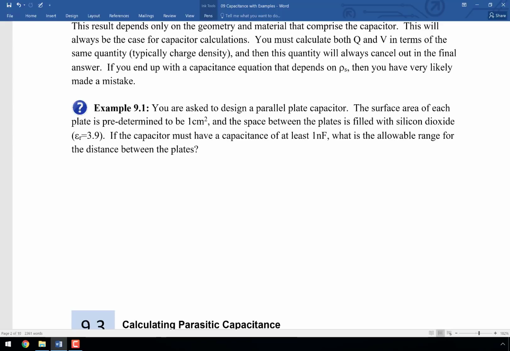So the first thing I'm going to do is convert 1 square centimeter by putting down here 100 centimeters and 1 meter, squaring that, canceling the square centimeters, and I'm left with 0.0001 square meter. And I also have the equation C is equal to epsilon 0 epsilon r times the surface area divided by the distance between the two plates.